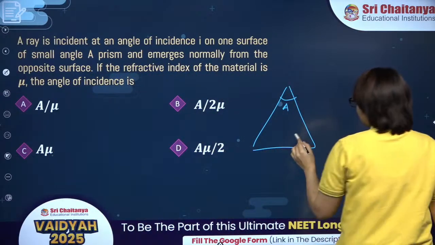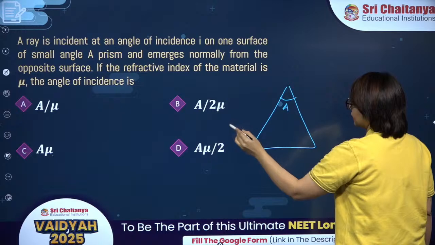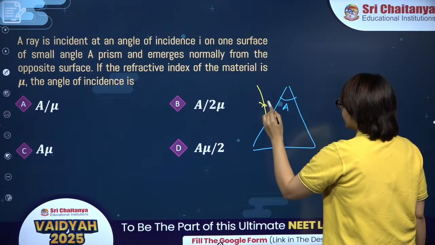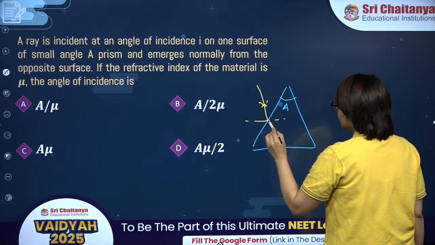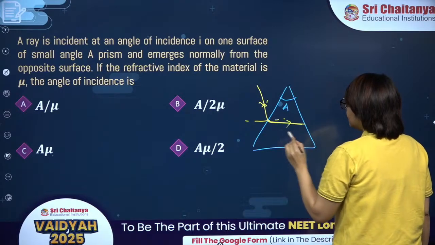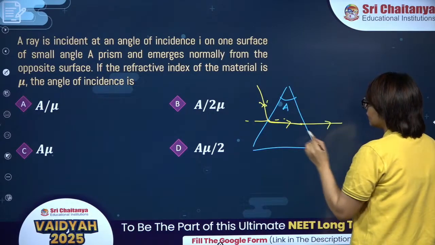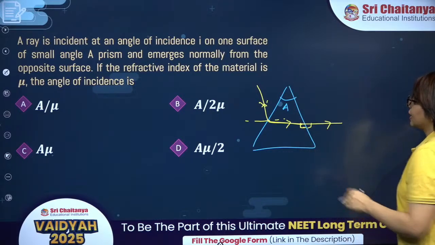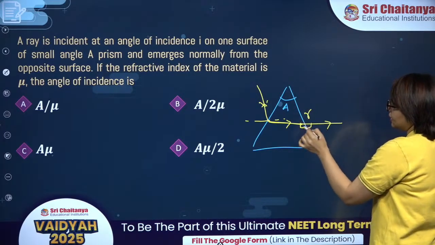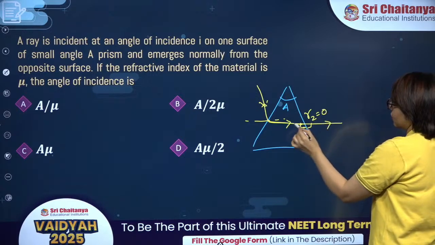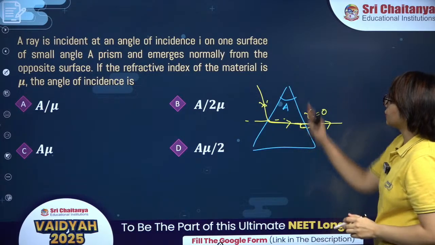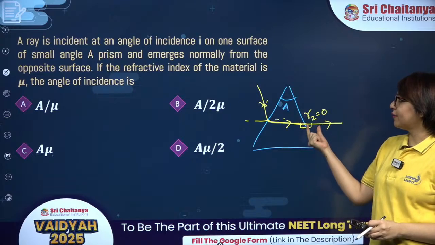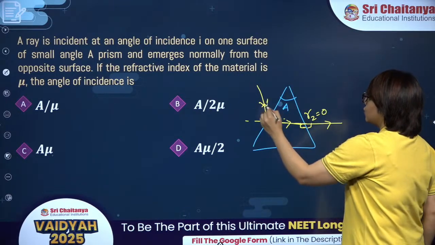The incident light is falling on this first surface in such a way that the final ray is going perpendicular to the second surface. That means on the second surface the R2 angle is 0. This R2 angle is the angle of incidence on the second surface over here. So if it is going perpendicular to the second surface, that means the R2 angle is 0.